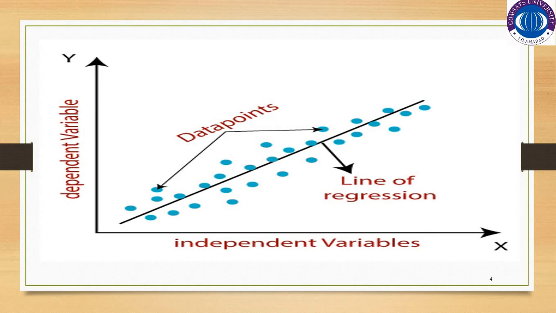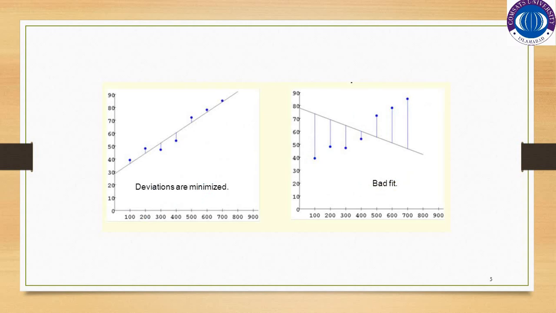As you know, this is the scatter plot, and we have drawn the line of regression on the data points to capture the behavior, but this regression line could be the best fit or it could be the worst fit too. As you can see, these are the data points and this line is passing through this area, and the distance between the data points and the line is not very high.